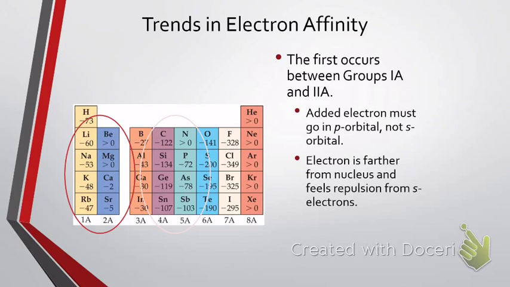Because of that, the electron is further from the nucleus. It's going to feel the repulsion from the s electrons and less pull from the positively charged nucleus. So that explains the idea that it's easier to add an electron to lithium than to beryllium, because beryllium would have to go brand new into the p orbital, so it's got to go past the s orbital and get into that p orbital.